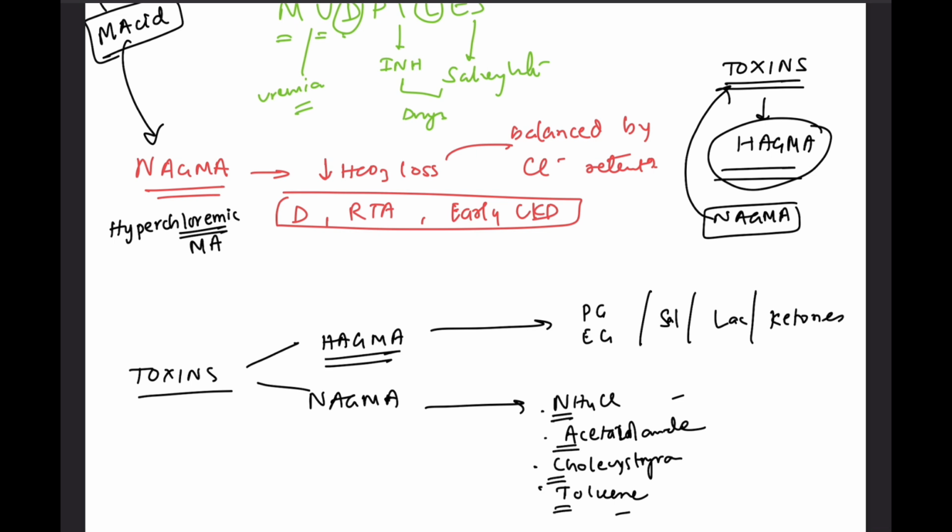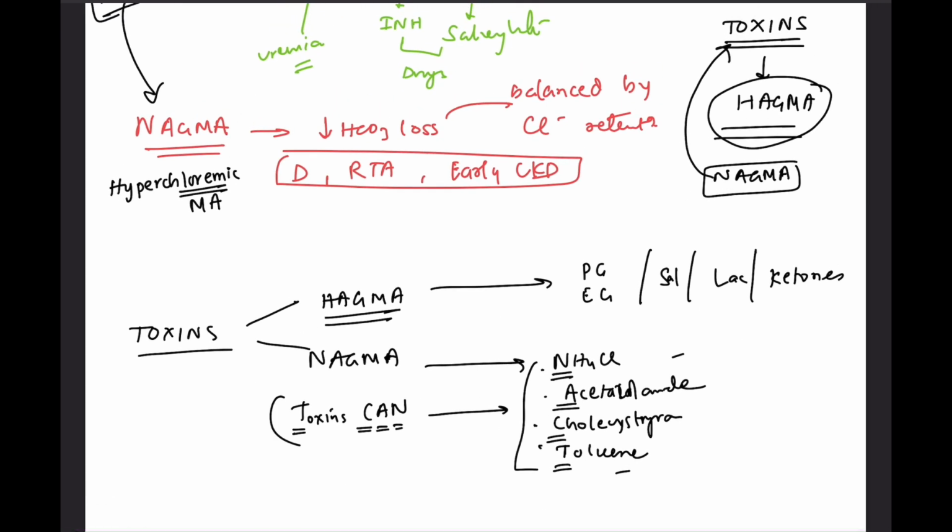All right. So toxins can also cause it. There you go, that's a mnemonic as well for normal anion gap metabolic acidosis. All right, so you'll remember this.